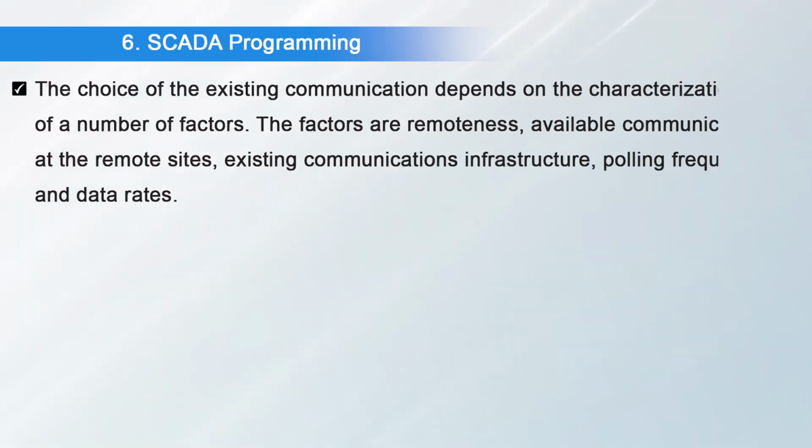The SCADA communications can utilize a diverse range of wired and wireless media. The choice of the existing communication depends on the characterization of a number of factors. The factors which control the choice of existing communication are basically the remoteness, second the available communications at the remote sites, next the existing communication infrastructure, next the polling frequency and the data rates.